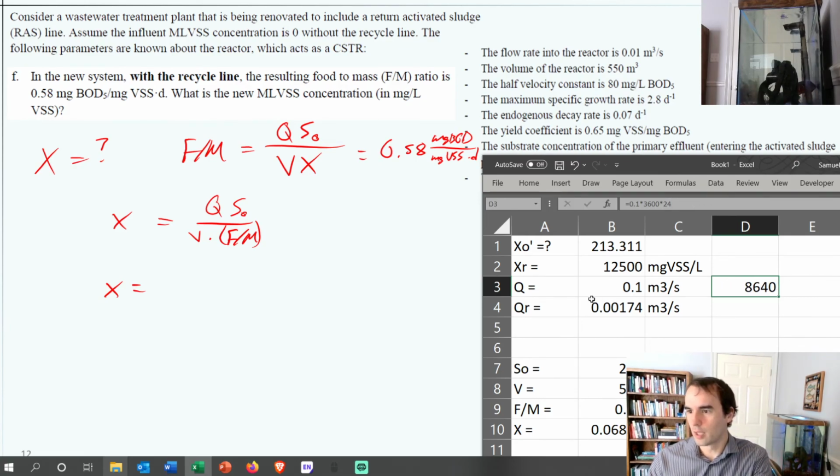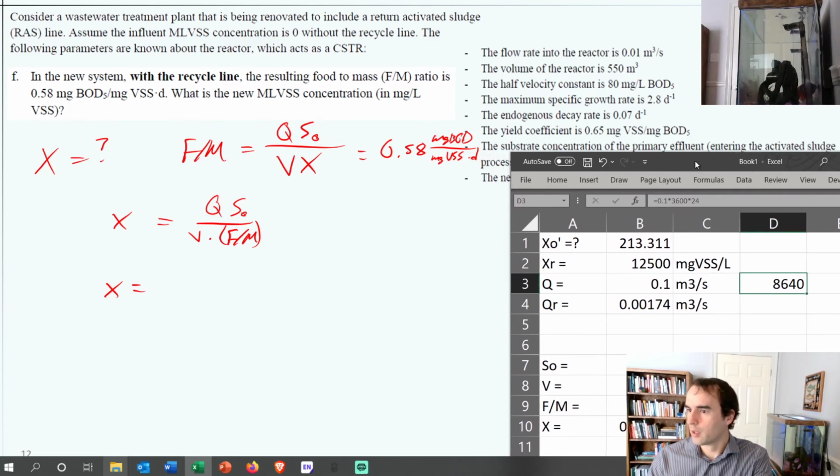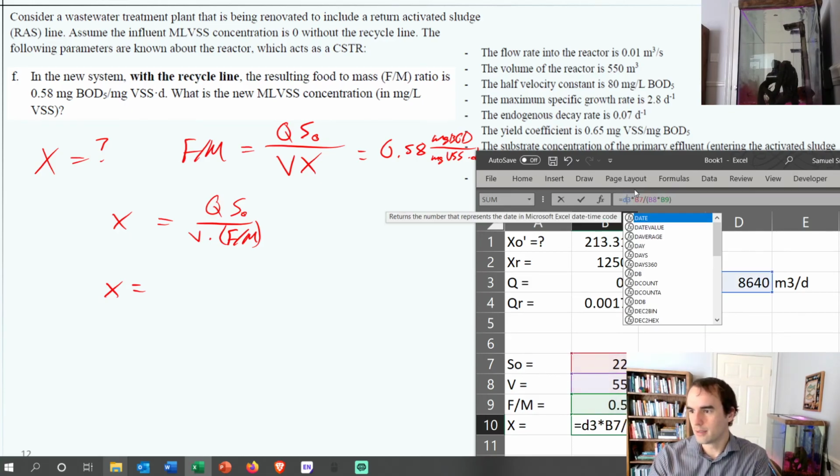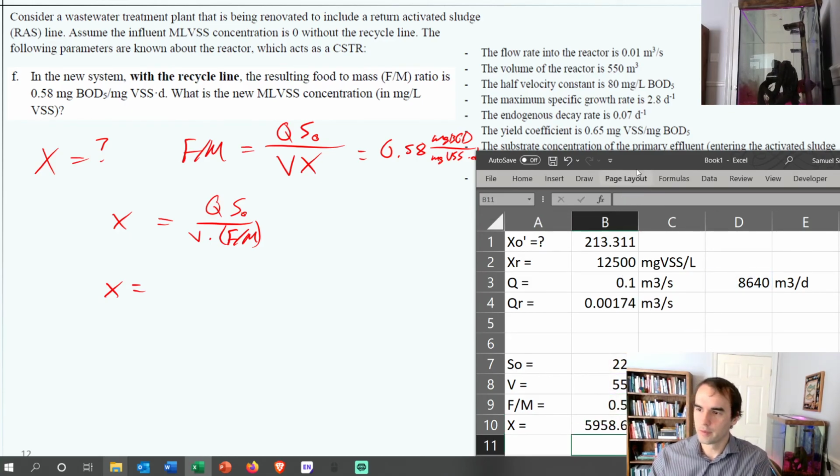Okay, yeah, and that's just times 0.1, which is why we dropped a 0 there. So that's cubic meters per day. Instead of B3, we need D3. Okay, that looks more reasonable.